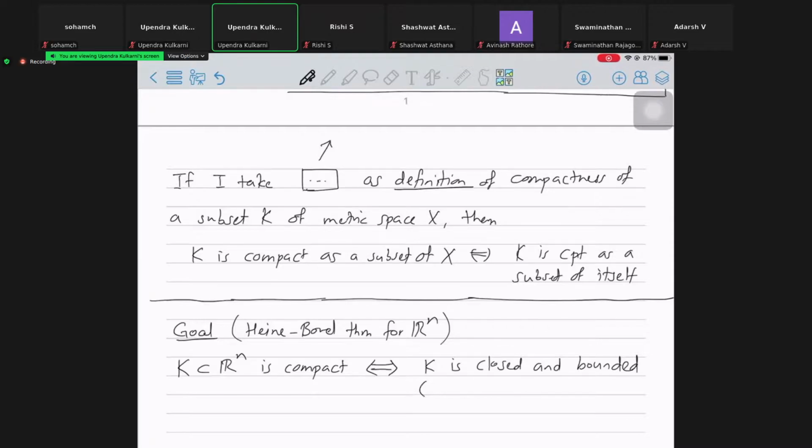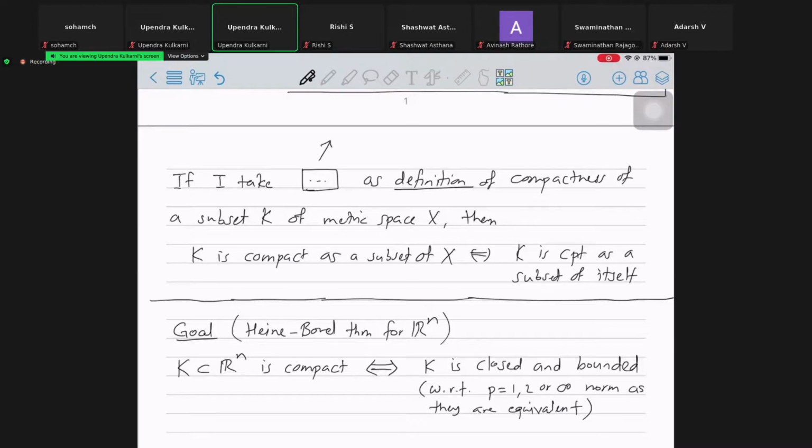And again, remark: with respect to any of these norms, if the norms are equivalent, then the notion of closed or open stays the same because they induce the same topology.